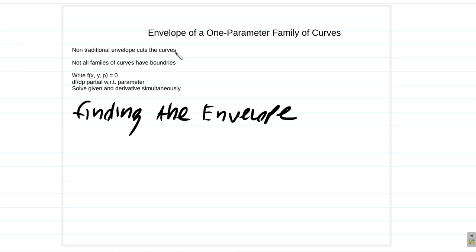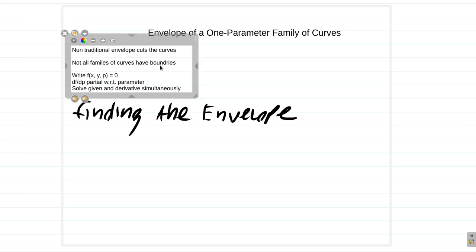So the envelope would cut through them instead of being tangential. Now here we also see that not all families of curves have boundaries. I wrote boundaries, but I could say have an envelope.